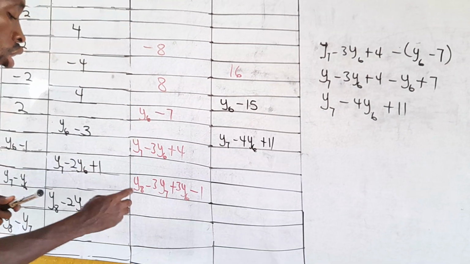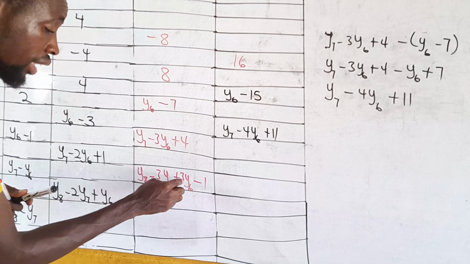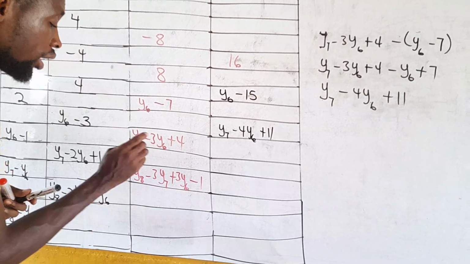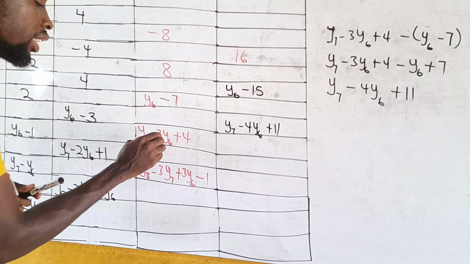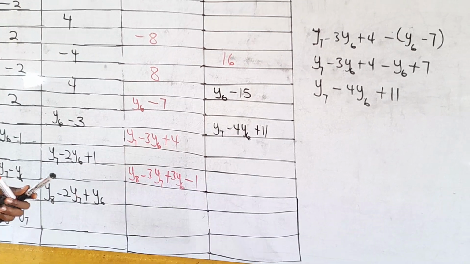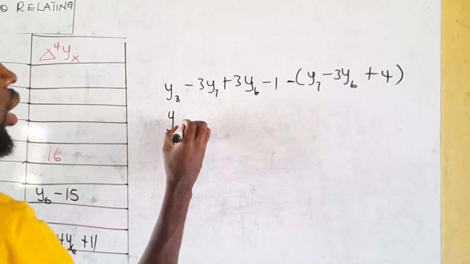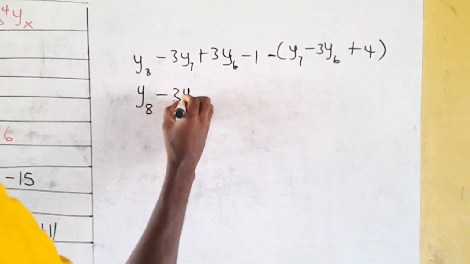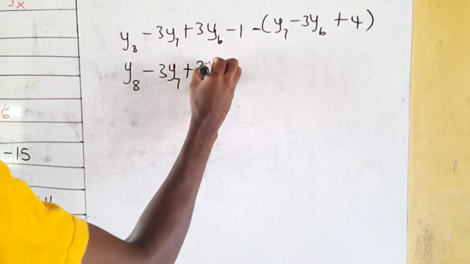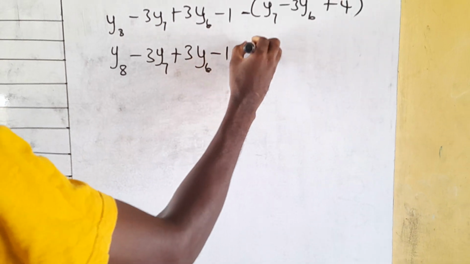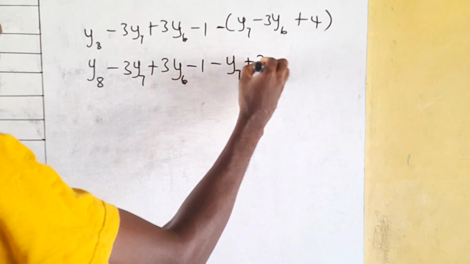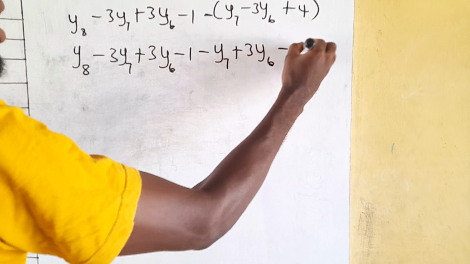The next one is y8 minus 3y7 plus 3y6 minus 1 then minus y7 minus 3y6 plus 4. So in getting that, we expand: y8 minus 3y7 plus 3y6 minus 1 minus y7 plus 3y6 then minus 4.